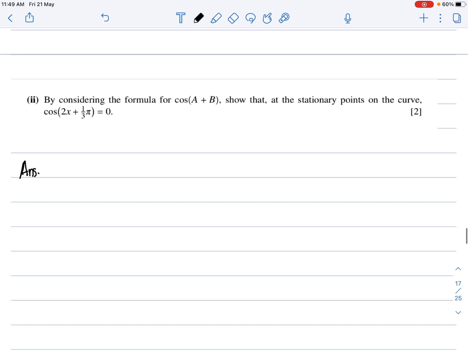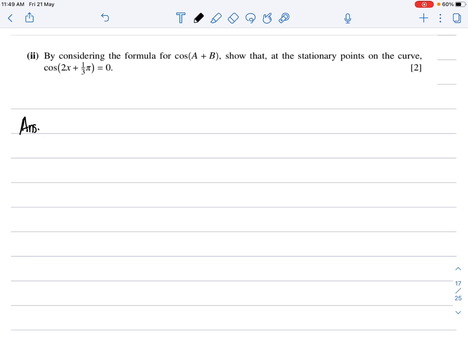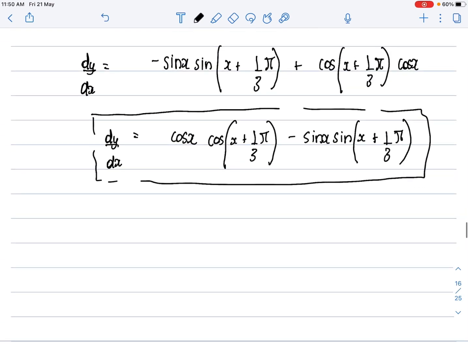Now, by considering the formula for cos (a plus b), show that at the stationary point on the curve this is equal to 0. Now if you see cos (a plus b), the formula is simply cos a cos b minus sin a sin b. And if you notice here, this is in the same form where a is my x and b is x plus 1/3 pi.